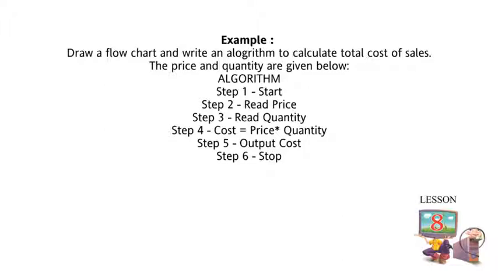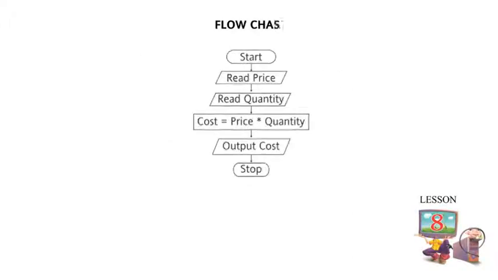Step 5. Output cost. Step 6. Stop. Flowchart: Start. Read price. Read quantity. Cost is equal to price into quantity. Output cost. Stop.